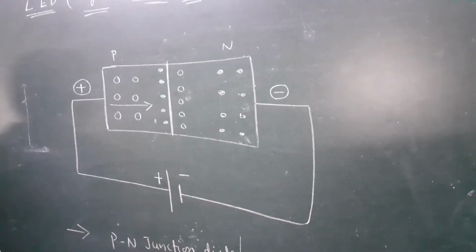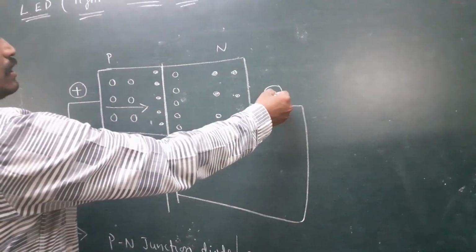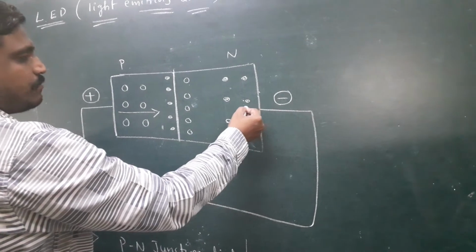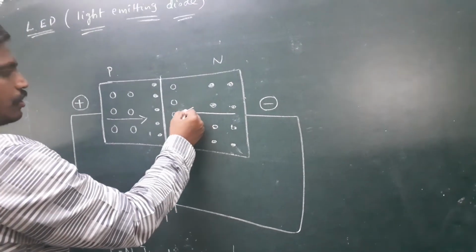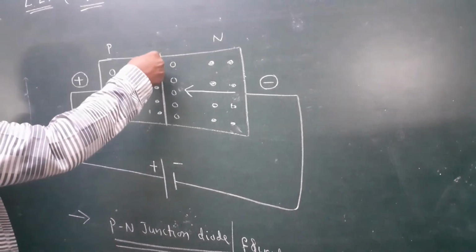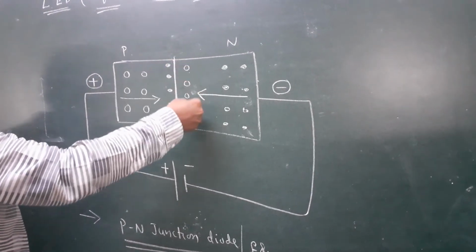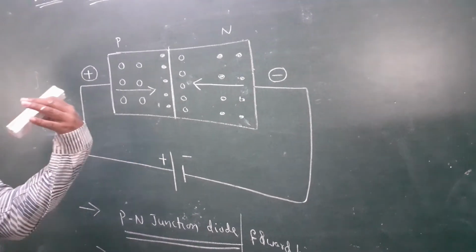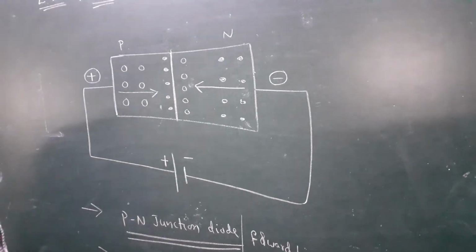Electrons, the majority charge carriers in the n-type, are repelled by the negative terminal and also move towards the junction. At the junction, minority charge carriers are there. This is a heavily doped diode, so the minority charge carriers are also more.